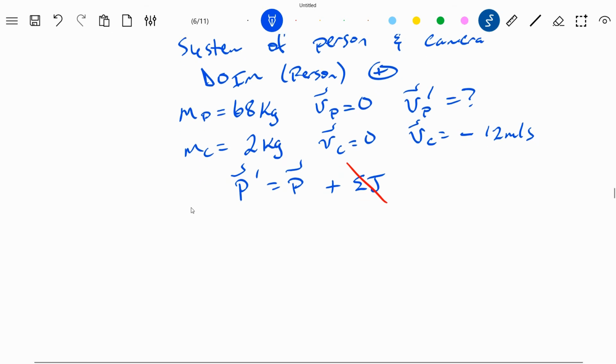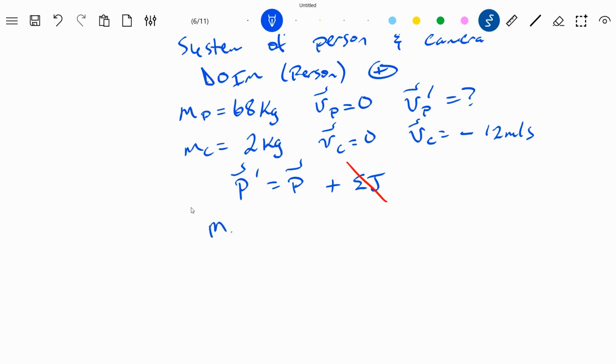So after this, there is a person and a camera. They're both moving. So mass of the person, velocity of the person prime, plus the mass of the camera, velocity of camera prime, equal to... Well, actually, before she threw the camera, let's just save myself the step. Everything was stationary. So the person was stationary, the camera was stationary, the system had no momentum, and then they kind of went off.